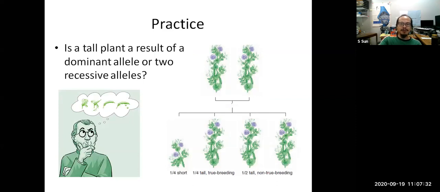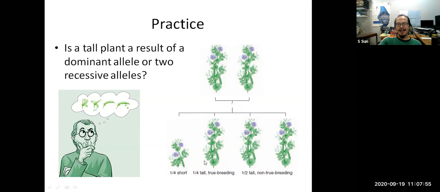So we can have a practice that if these two parents' offspring are the result of a dominant allele or two recessive alleles.